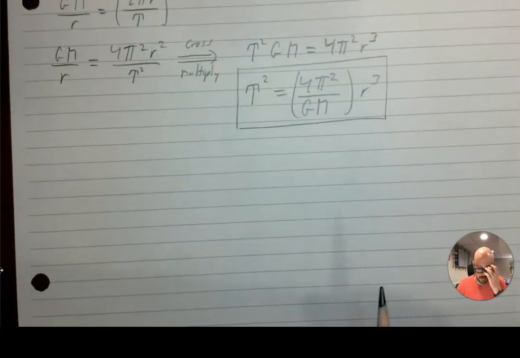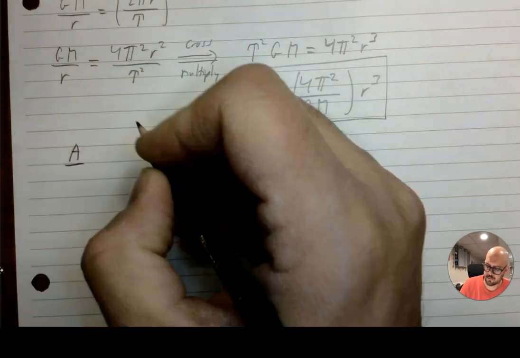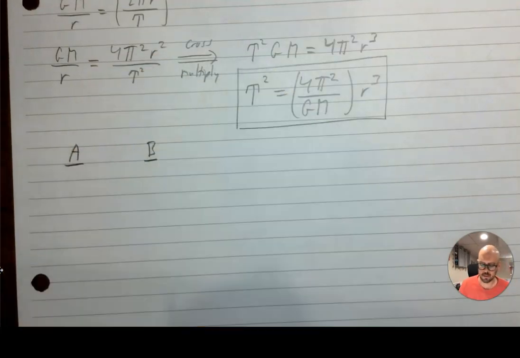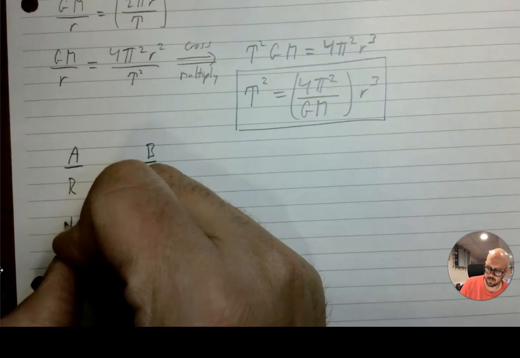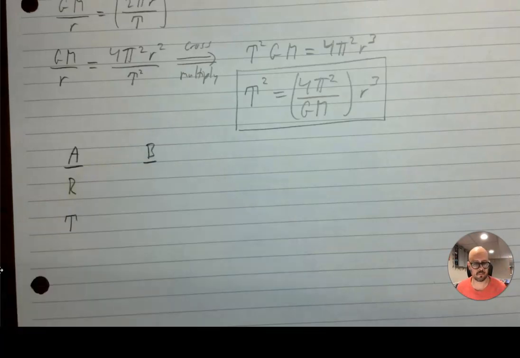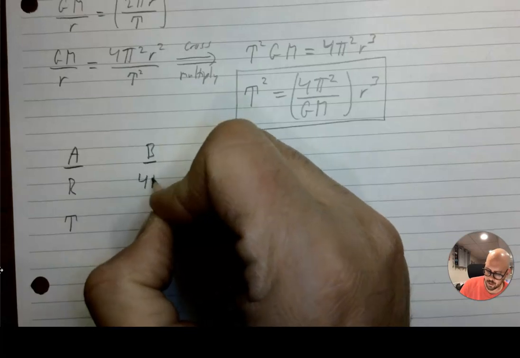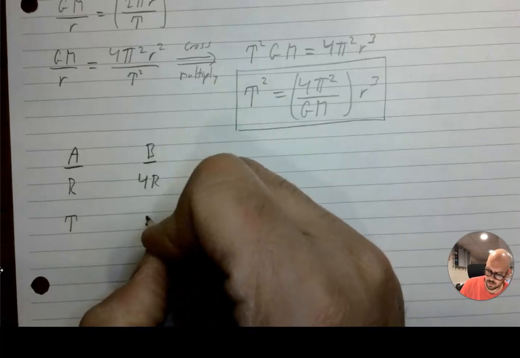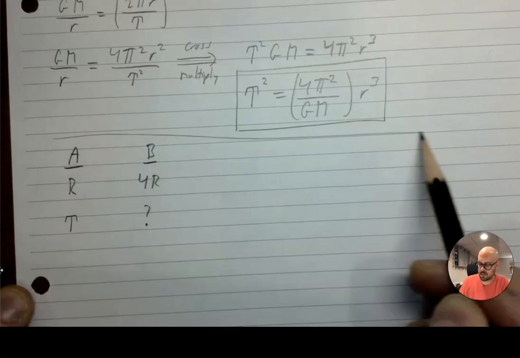The last thing I wanted to do was to work with that proportionality. We're going to compare two planets, planets A and B. Planet A has an orbital radius of r and an orbital period of tau. And planet B has an orbital radius of 4r, and we are going to just wonder what the orbital period is for that planet.